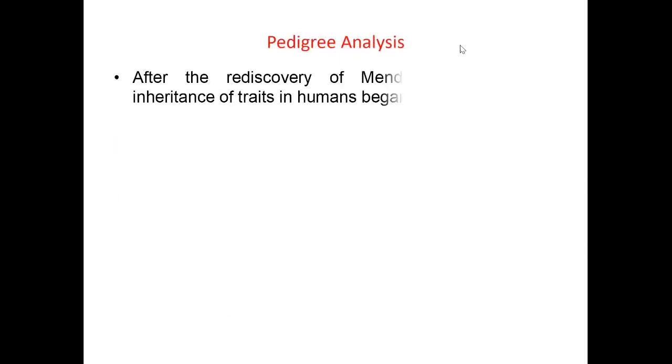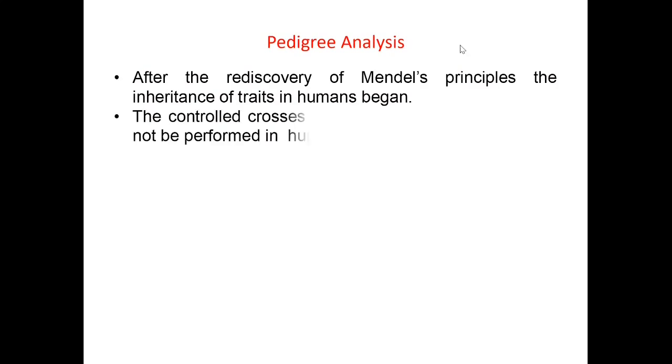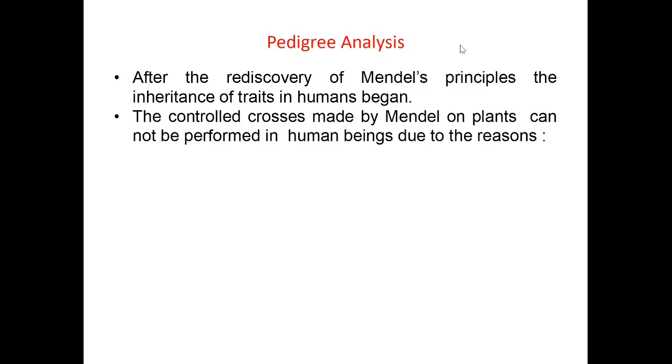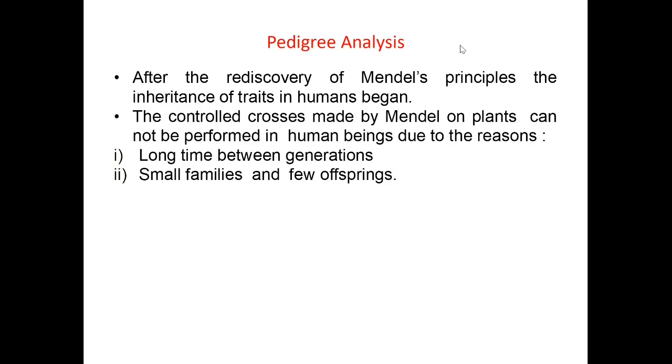Pedigree analysis. After the rediscovery of Mendel's principles, the study of inheritance of traits in humans began. The controlled crosses made by Mendel on plants cannot be performed in human beings due to the following reasons: long time between generations, small families and few offspring, and it is impossible to make experimental marriages.